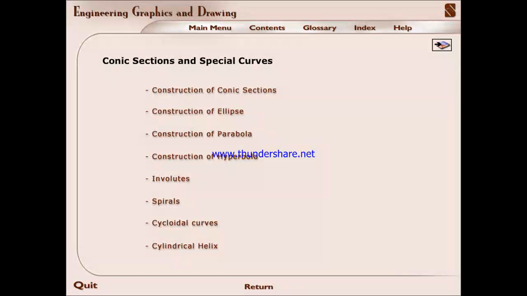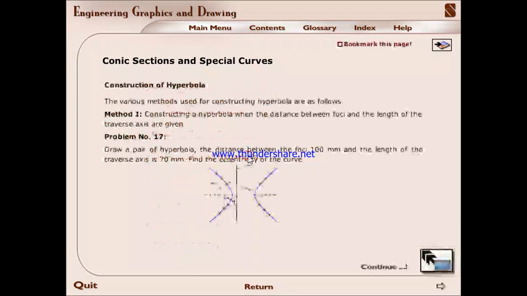Now construction of hyperbola. In the construction of hyperbola, various methods are used.